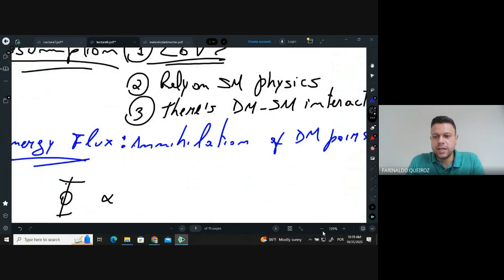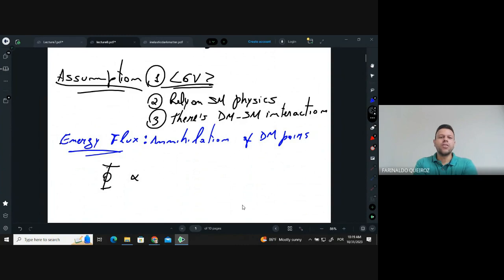So the reason is we started the whole thing discussing the relic density. And the way to compute the relic density was assuming that dark matter could interact with standard model particles, right? And they were in thermal equilibrium. Even if they were not in thermal equilibrium, they would interact with standard model particles, and that would determine the freeze out and so on. So if you assume that dark matter particles were in thermal equilibrium, then it's a consequence of that, that dark matter might indeed interact with standard model particles today.